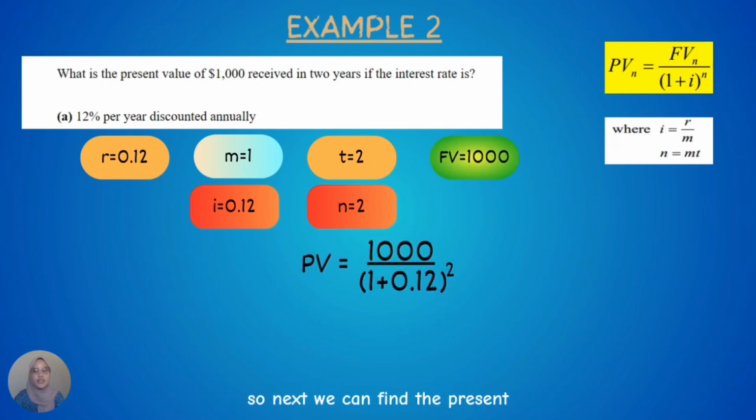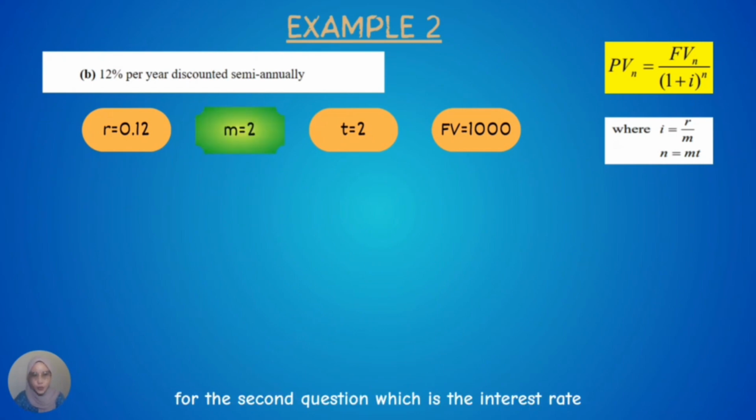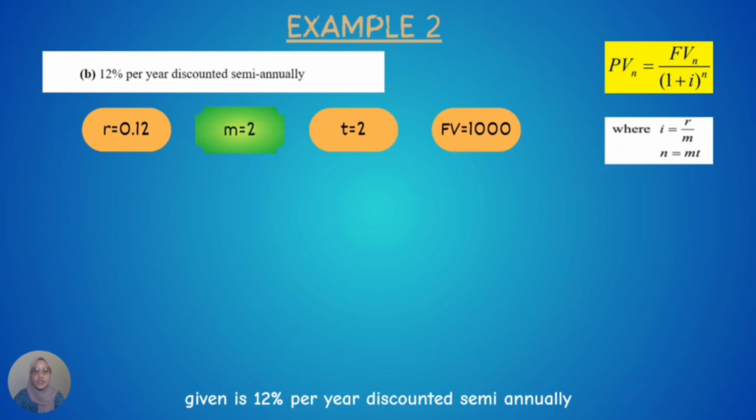Substituting into the formula, we have 1000 divided by (1 plus 0.12) to the power of 2. Hence, we get $797.19.